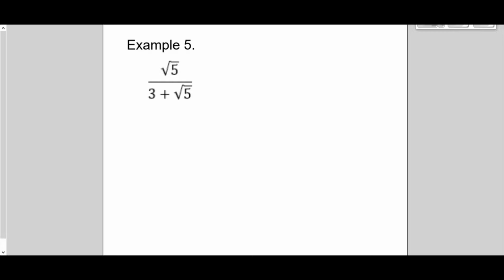So example 5. We have the square root of 5 divided by 3 plus the square root of 5. Remember, when you have a binomial, in other words, two things in the bottom separated by addition, you're going to need to multiply by the conjugate of the denominator.